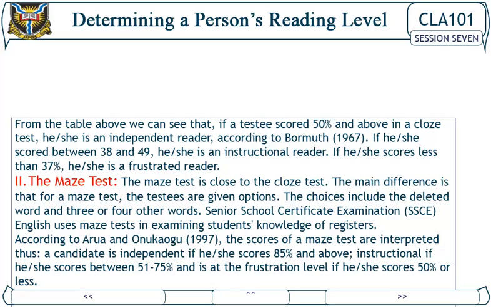According to Arua and Onukaogu, 1997, the scores of a maze test are interpreted thus. A candidate is independent if he or she scores 85% and above, instructional if he or she scores between 51 to 75%, and is at the frustration level if he or she scores 50% or less.